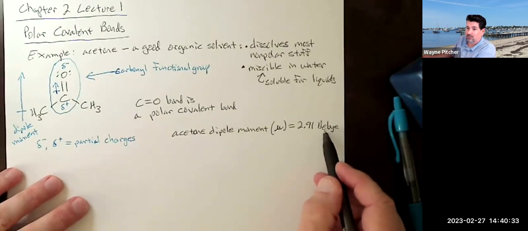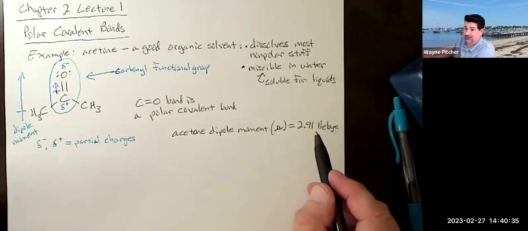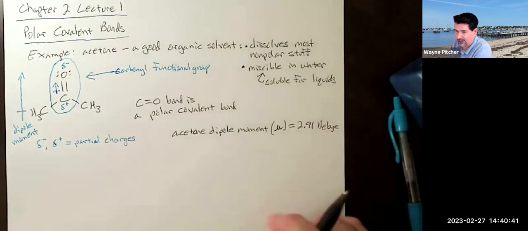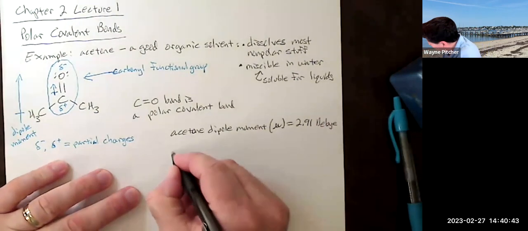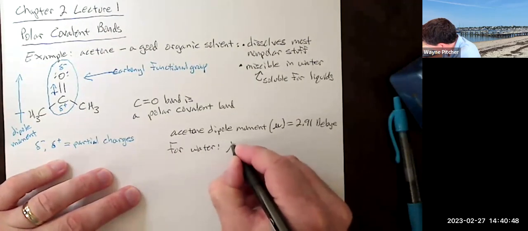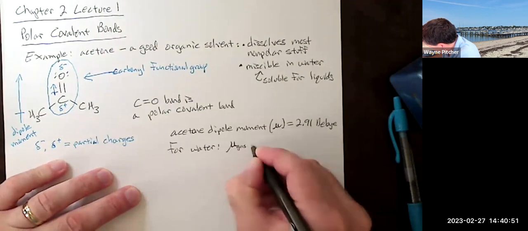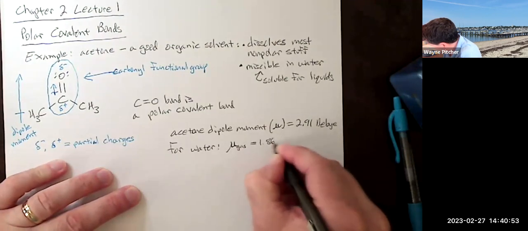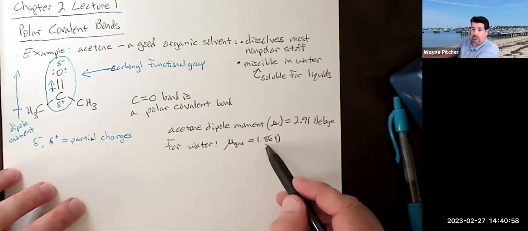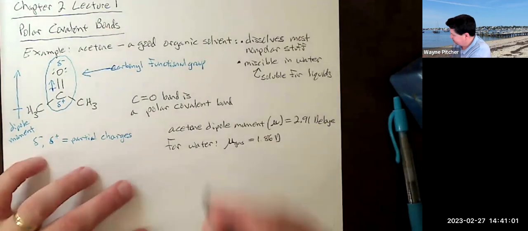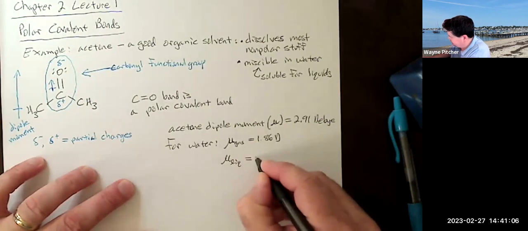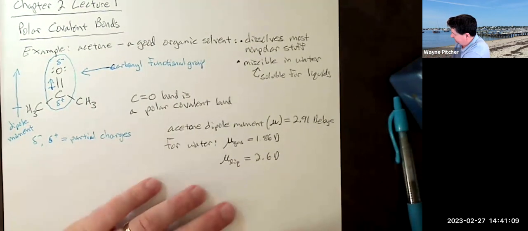I don't remember what a debye is in the base SI units, so I just understand that more debye is more polar. For gaseous water, we have a dipole moment of 1.86 debye. And then for liquid water, we have a dipole moment of 2.6 debye.